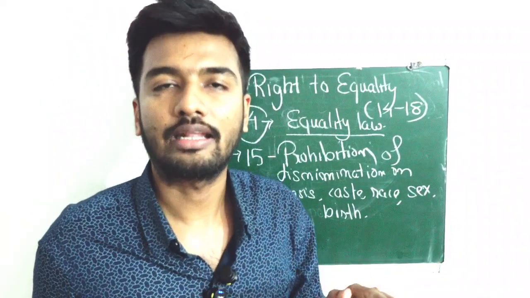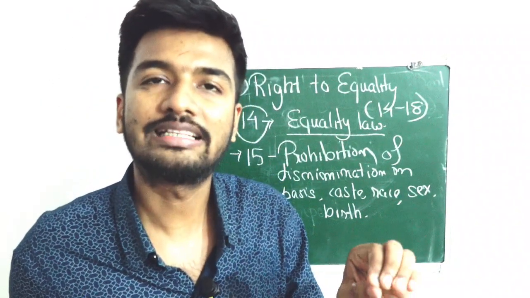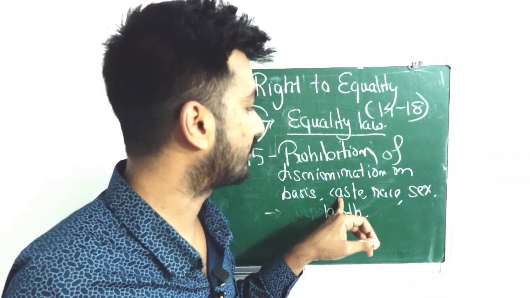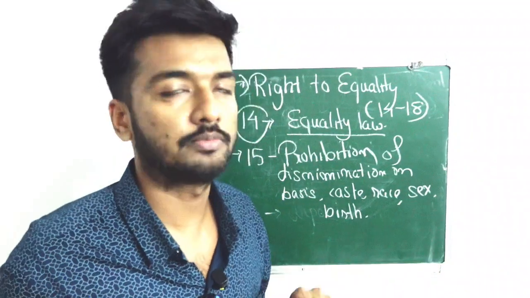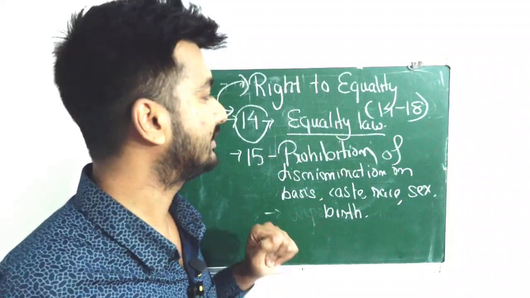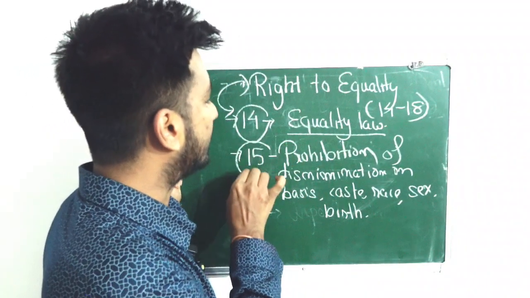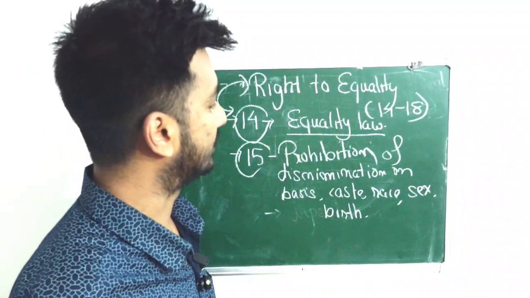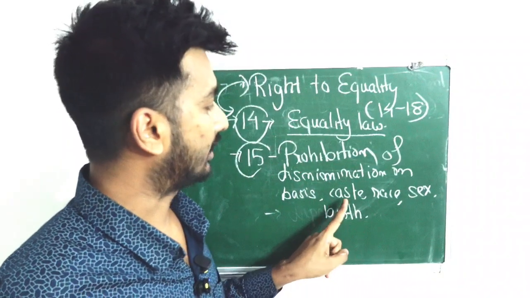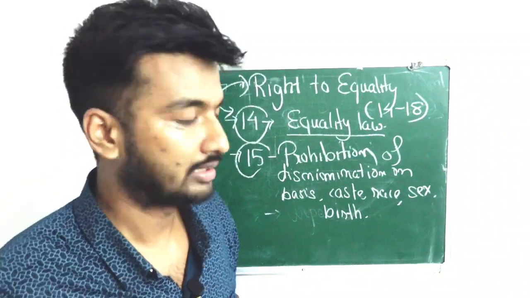Nowadays, no one can embarrass or insult a person on the basis of caste, race, sex, or birthplace. This is under Article 15 of prohibition of discrimination on caste, race, sex.